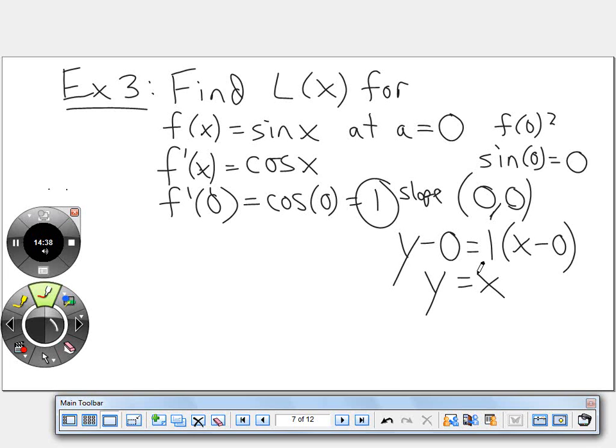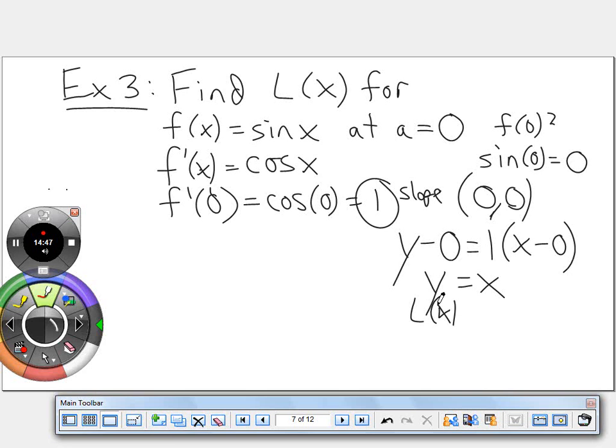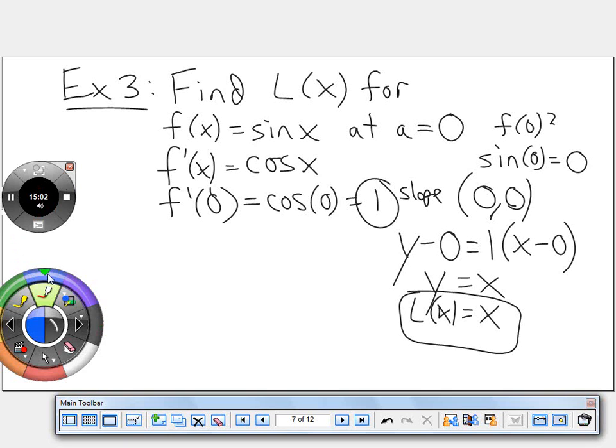And so if we want to write it in our linearization form, then we would say that L of x equals x. So it's interesting because we're saying that when you're really close to 0, sine x and x, the functions, are pretty much the same thing. They're so close. So this one here, sine x, and this one here. And that's kind of interesting.